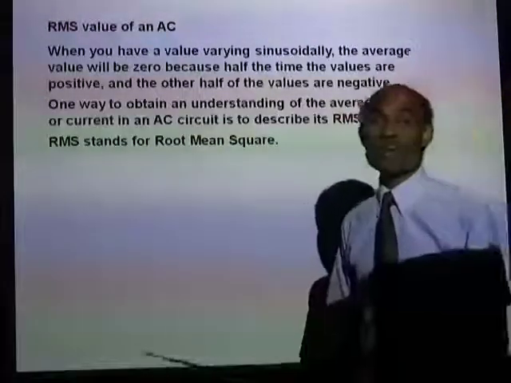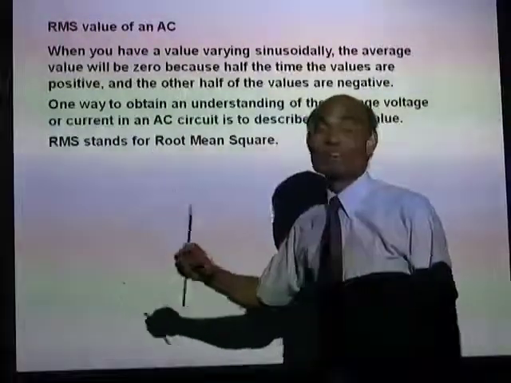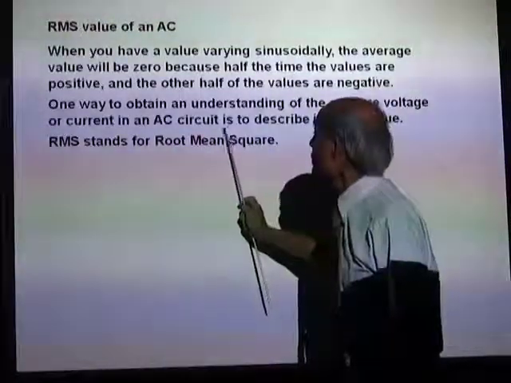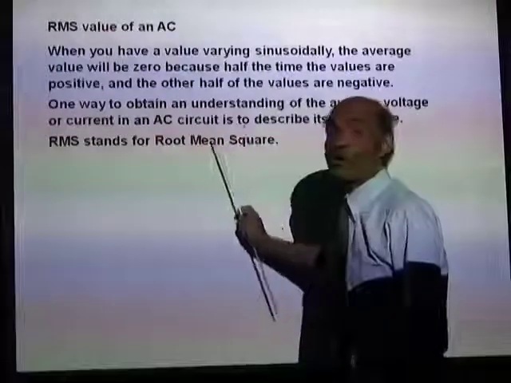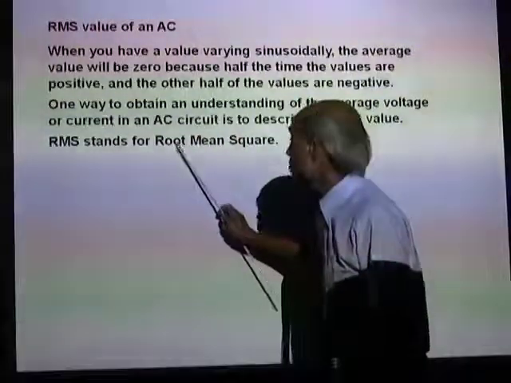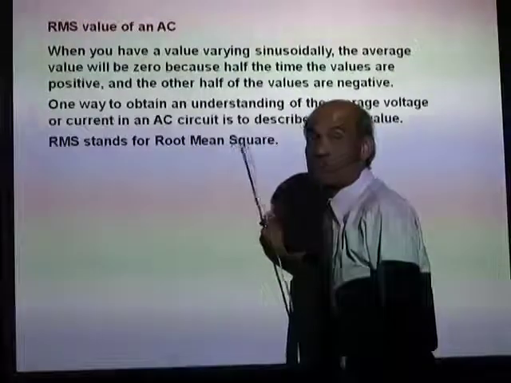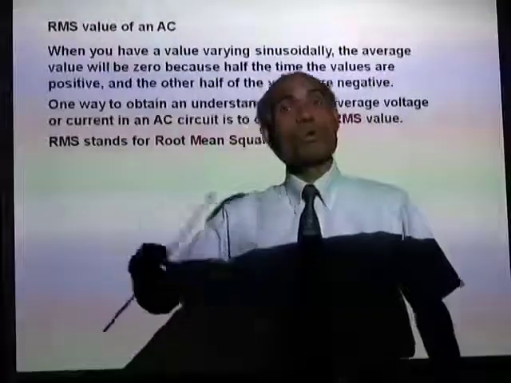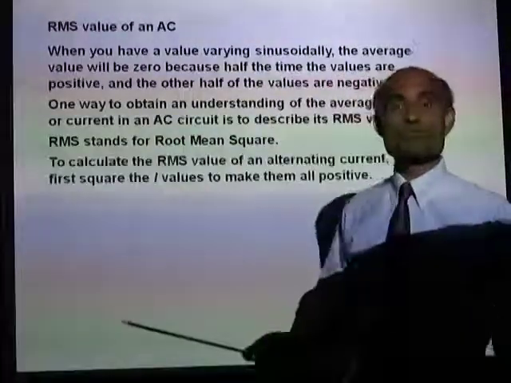What does RMS value stand for? It stands for root mean square. In other words, we take the square root of the average of the squares of all the current or EMF. That is the root mean square.